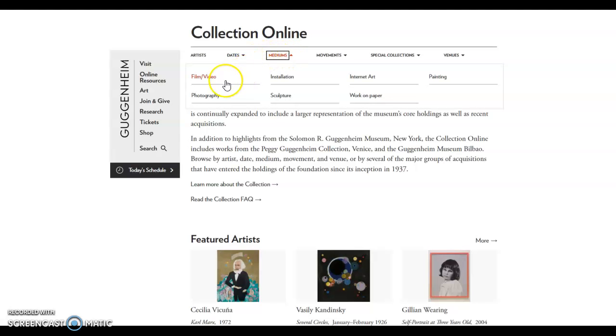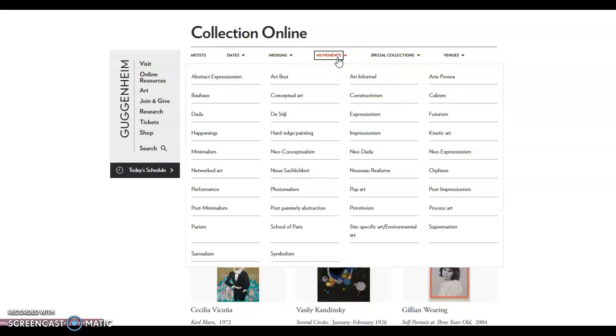Different types of art as far as film, photography, installation, sculpture, internet art, work on paper, painting. And then you have your different types of movements here, which can be a range of things that all types of people would be interested in. If you're interested in any type of art, you have so much to explore here.